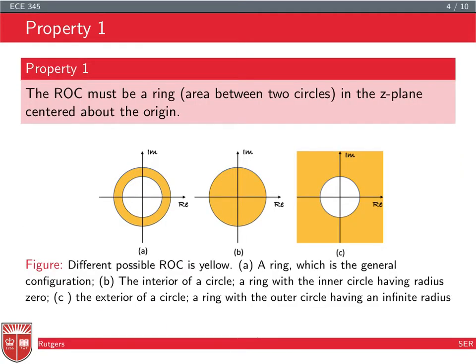So this slide here summarizes the takeaway of property 1, and these are the three types of ROCs that I explained. You have the interior of a ring, which is between two circles, or the interior of one circle, or the exterior of another circle. So all the ROCs will look something like this.